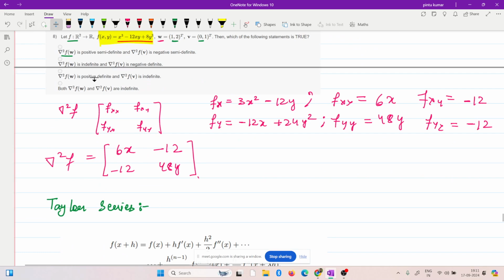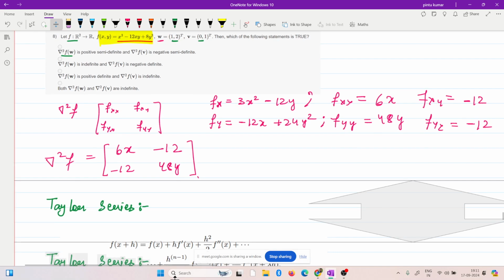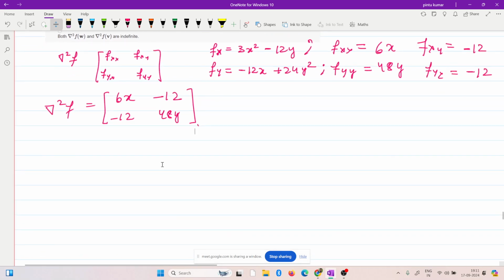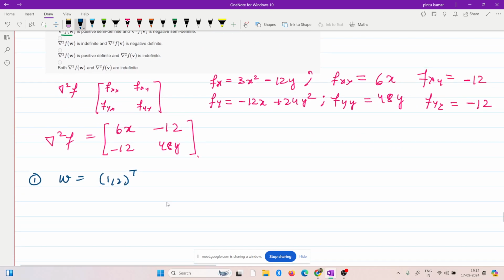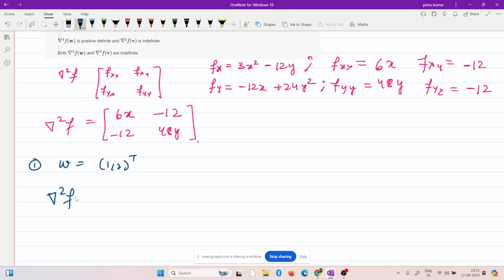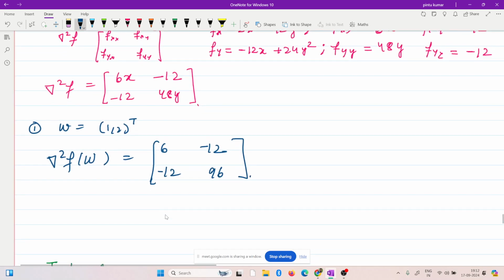We have to evaluate this at certain points. The first point is W equal to (1, 2), so x is 1 and y is 2. So the Hessian of f at W is 6, minus 12, minus 12, and 48 times 2 is 96. This is just a 2 by 2 matrix.